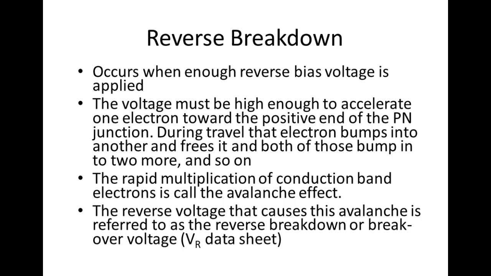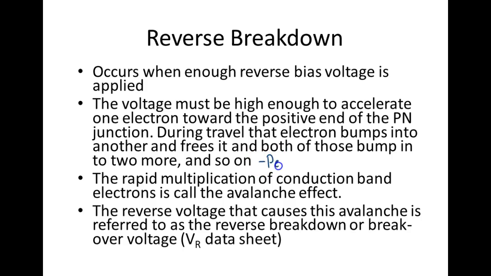The reverse voltage that causes the avalanche is referred to as the reverse breakover voltage, or the breakover voltage in data sheets. Just about all textbooks that I've seen, for some reason, call it something else. Your data sheets don't call it this, but your books do. And this book does the same thing.